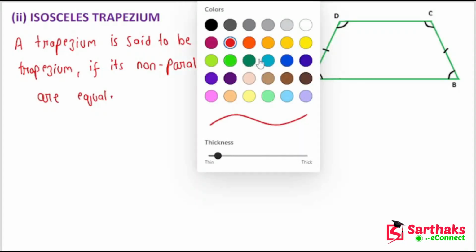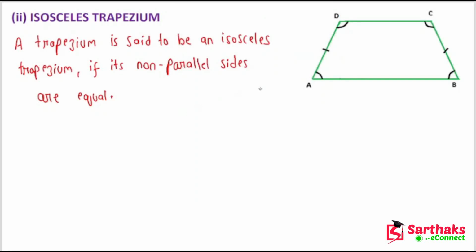So in this case, what are the non-parallel sides? In this case, we had AD equals BC.